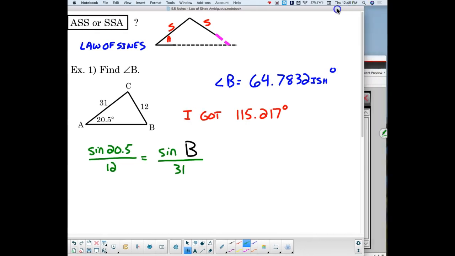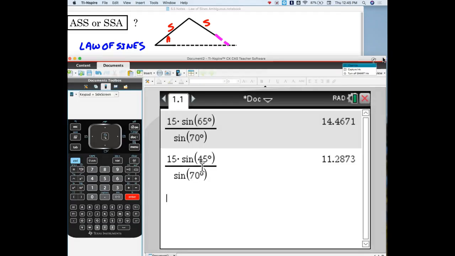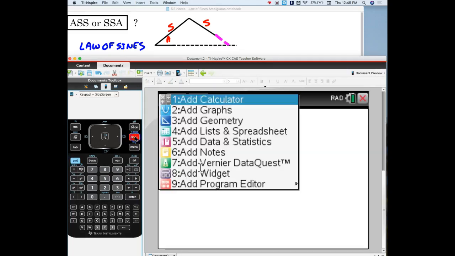Oops, I've got to put my pen down. Clear ink. Let me get a new page going here. Add calculator.